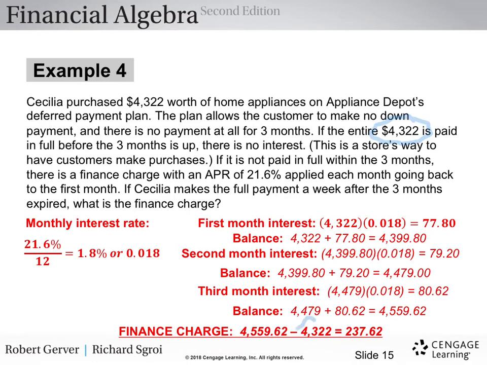She hasn't paid that, because she's had to pay interest for 3 months. She has actually paid $4,559.62, so she's had a finance charge of $237.62. So in order to utilize this deferred payment plan, it's cost her $237.62 additional, above what she would have paid if she had paid cash in full up front.